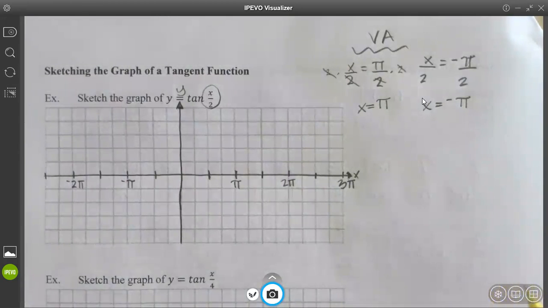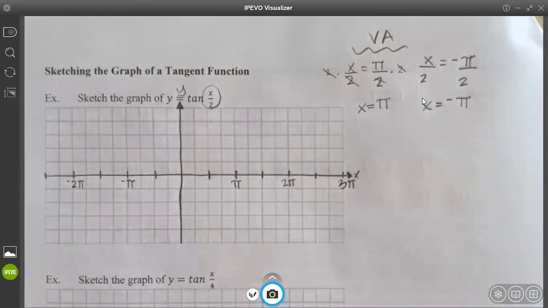If you think about it, at pi, what is your coordinate on your unit circle for pi? Negative 1, 0. You are right. It is 180, but it's negative 1, 0. And you said it was y over x, right? Yes.